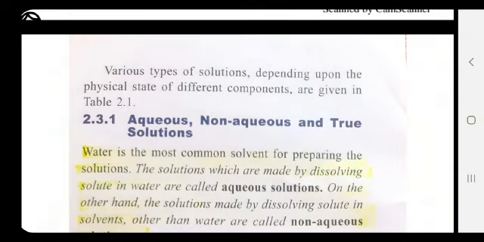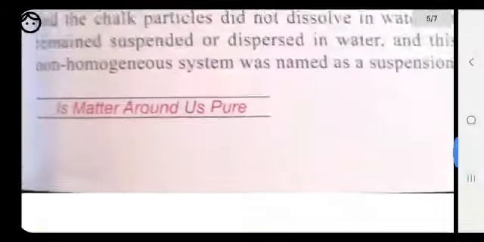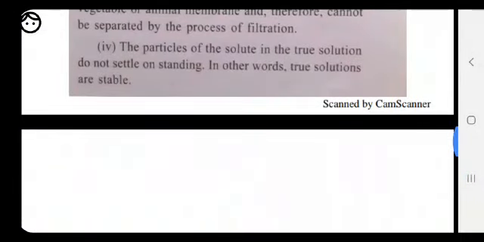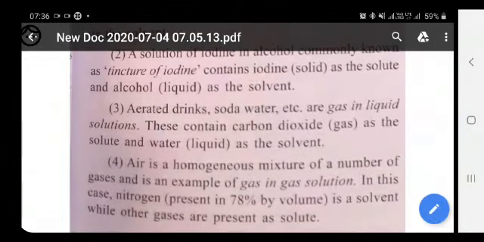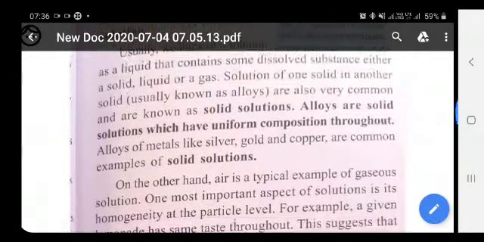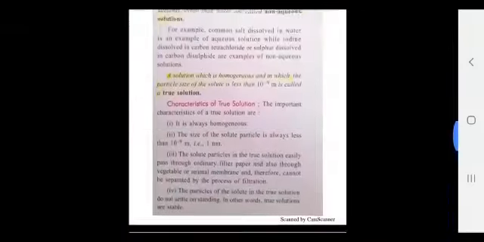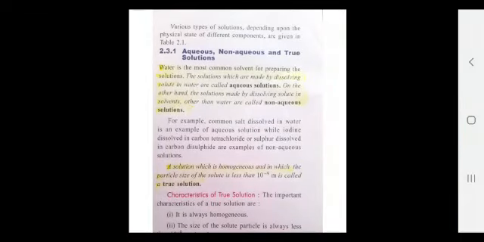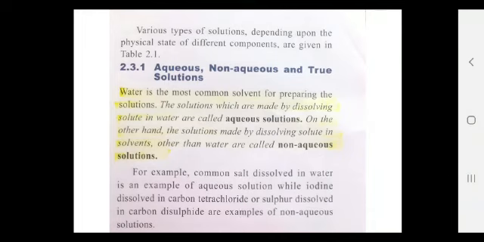But before going to the various types of solution, we have to see aqueous and non-aqueous solution.